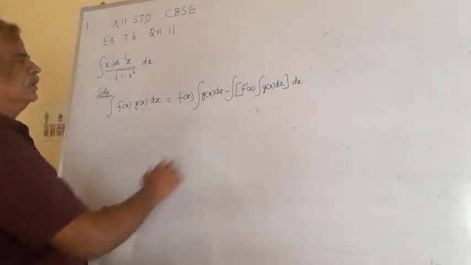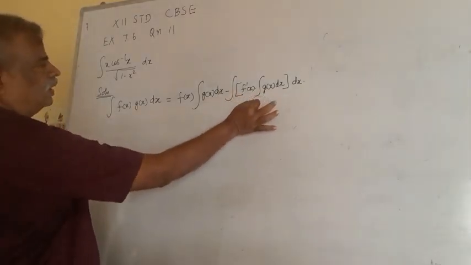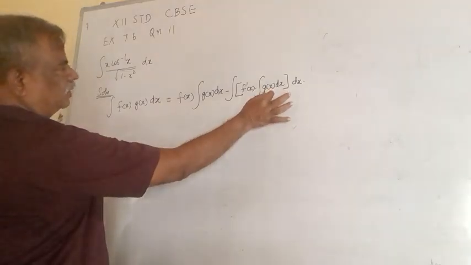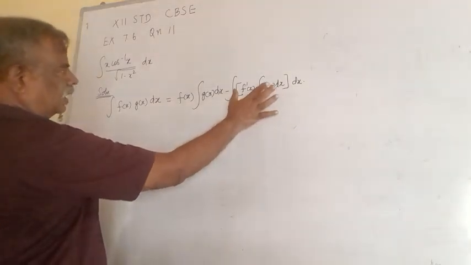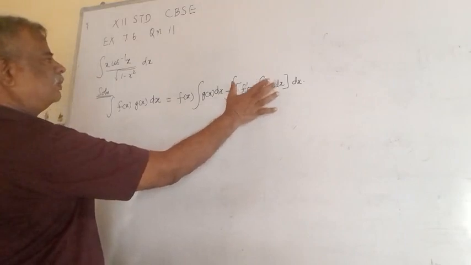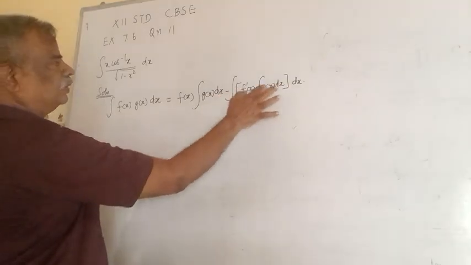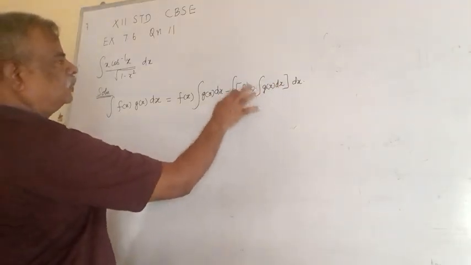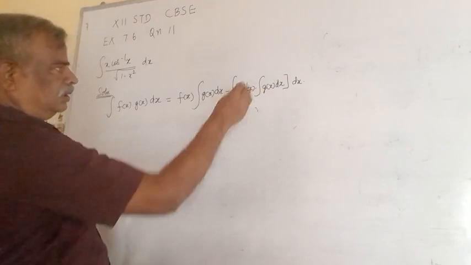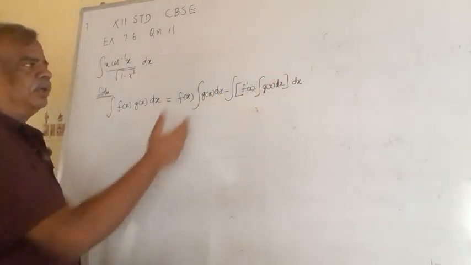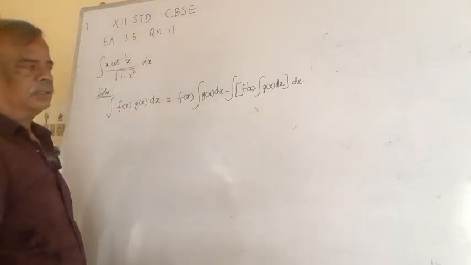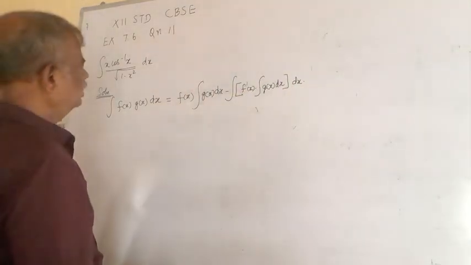It means we find f dash x, find the integration of g of x dx, and multiply them. After multiplying, we must find the integration of the result. That's why I have put dx there, using the x variable to integrate it.